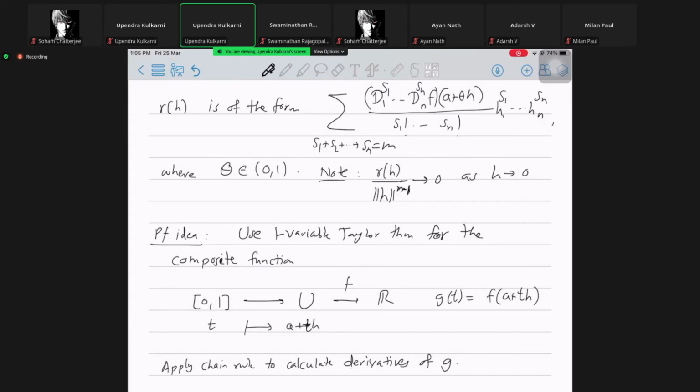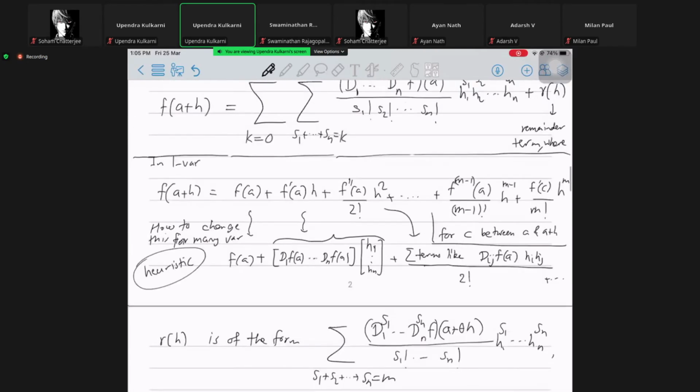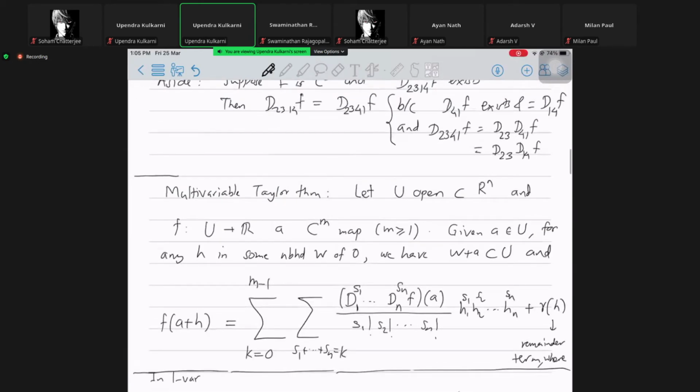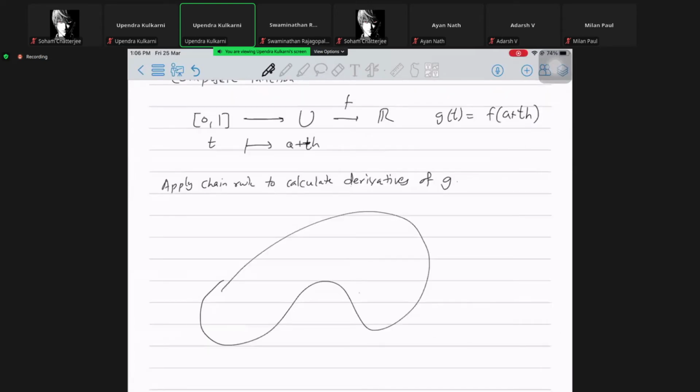So let's actually look at the statement carefully. Let me draw a picture. U is an open set. Given a point in U, we are saying in some neighborhood of 0. I'm allowed to choose that neighborhood. Let us suppose U is some set like this, and A may be over here.